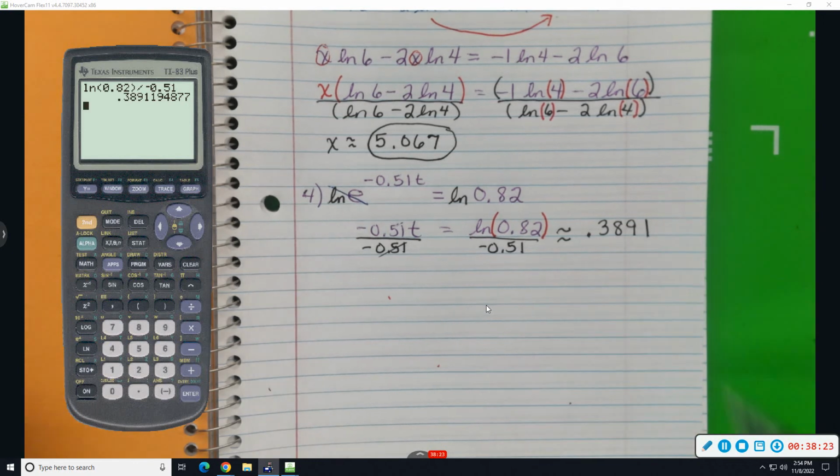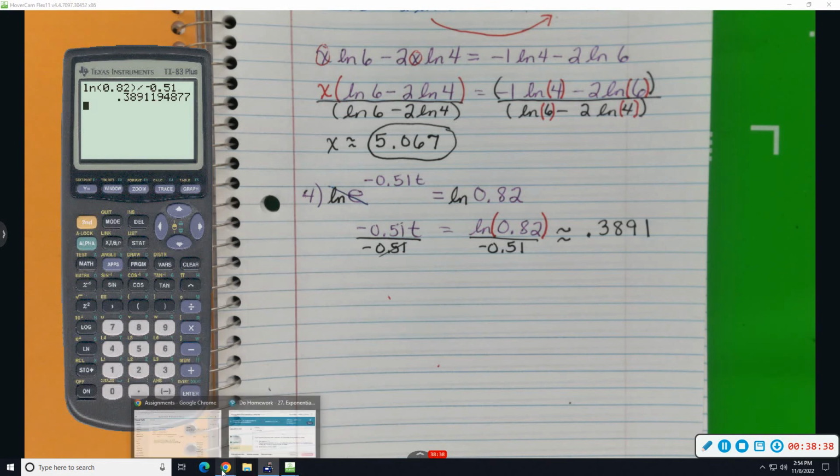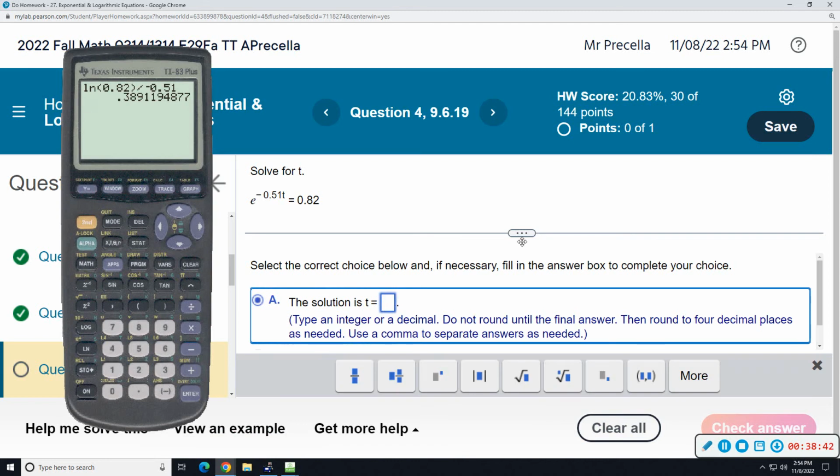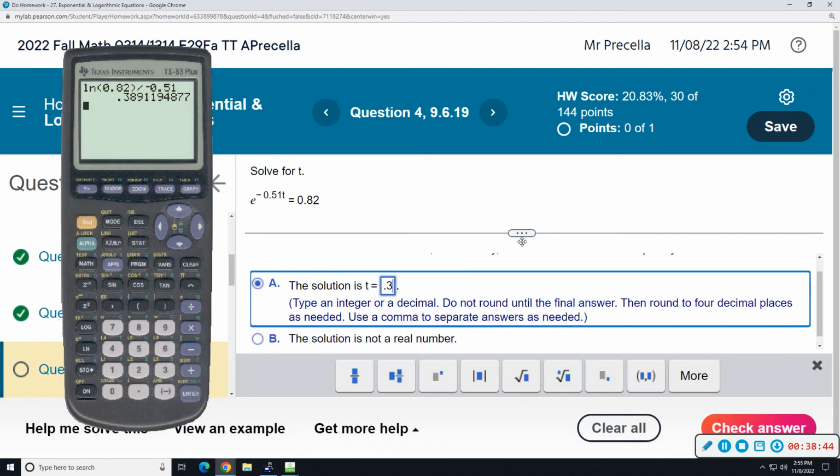Leave it as a 1 because the digit after that 1 is another 1. Okay? If the digit after the 1 had been a 5 or larger, you would round it up. Okay? 0.3891. Definitely problems 2 and 3 are the messy ones out here.